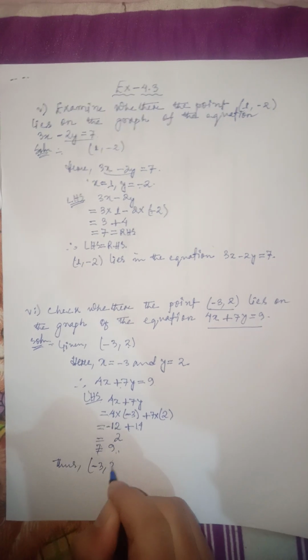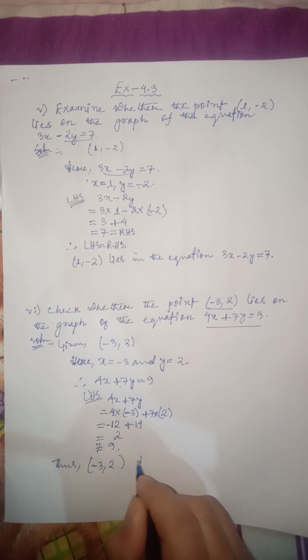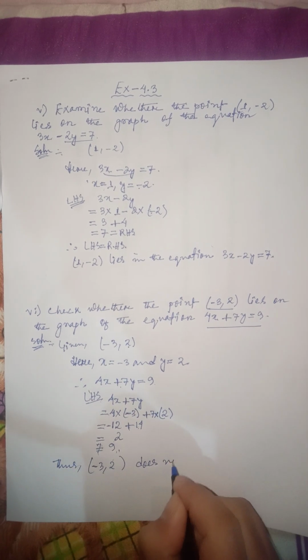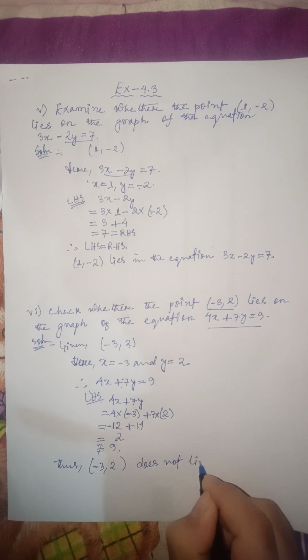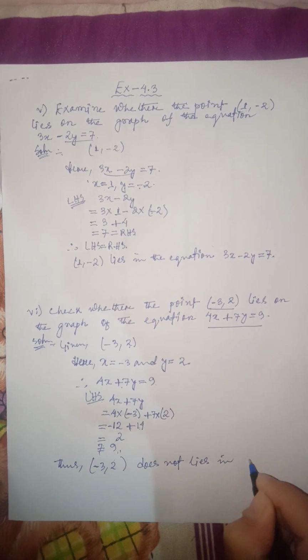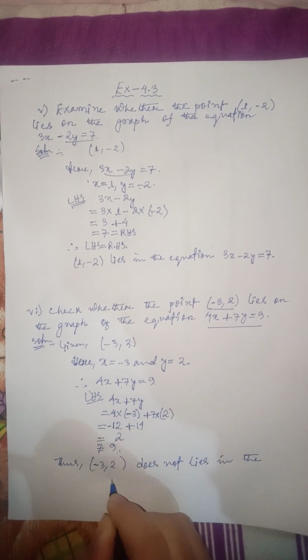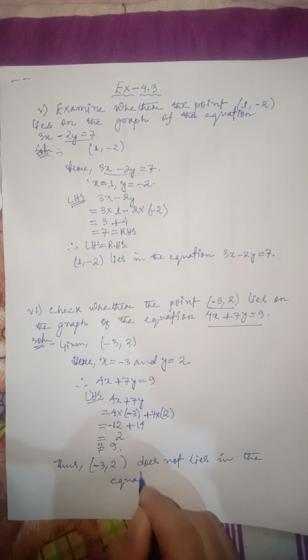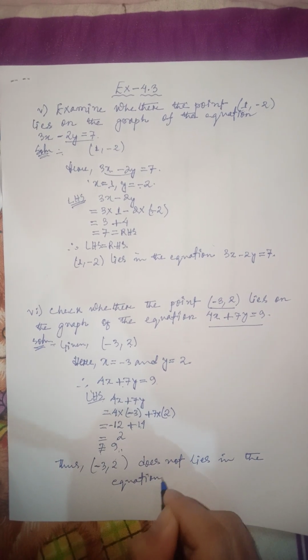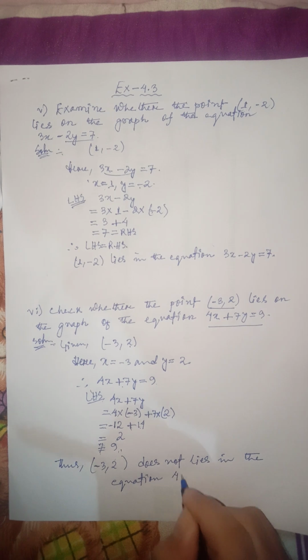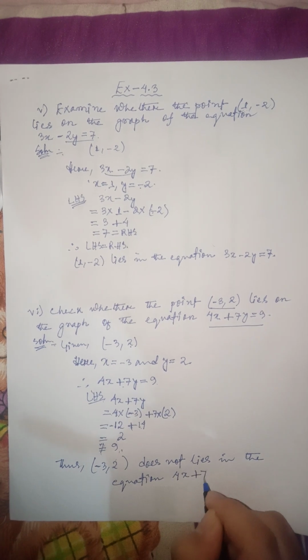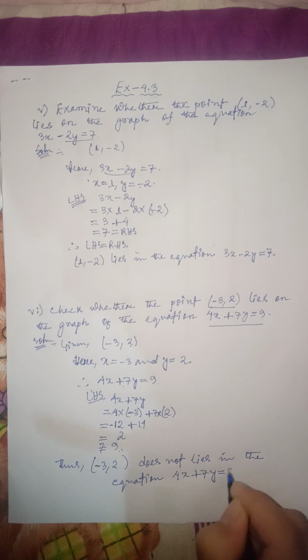It is minus 3, 2. It does not lie on the equation. What is the equation? It is 4x plus 7y equal to 9, right?